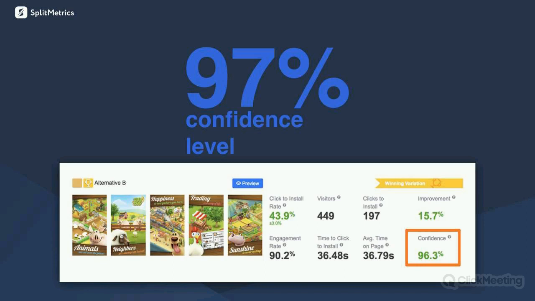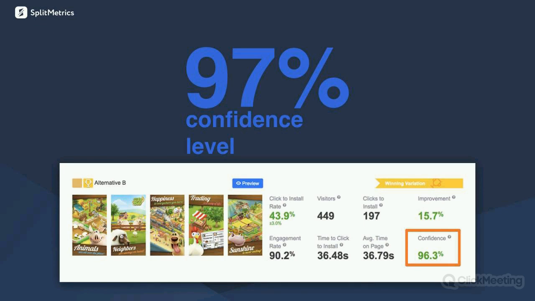Running an A/B test, you should reach a really high confidence level before considering the experiment finished. What's confidence? Confidence is a statistical measurement used to evaluate the reliability of an estimate.